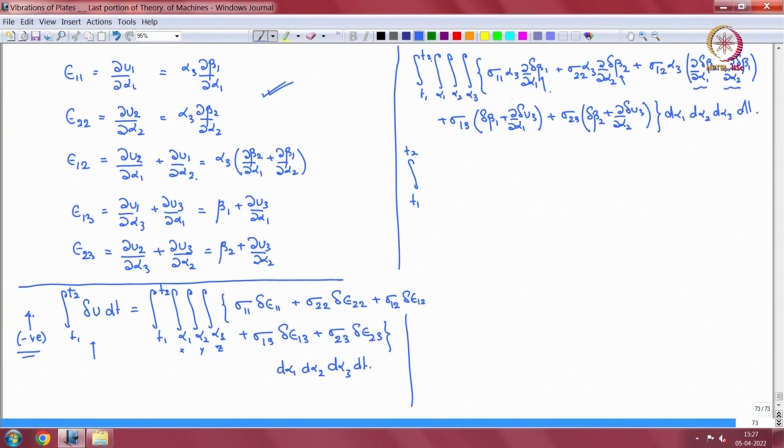So straight away if we integrate sigma 11 alpha 3, that gives me the moment resultant.